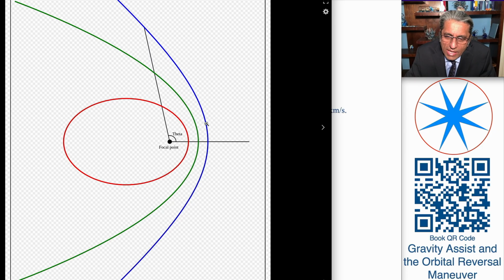It may seem like this is a small part of the orbit where the spacecraft experienced a force which had a component in this direction, but because the distance was less, and the force is inversely proportional to the square of the distance, there's a considerable amount of force. And so it is analogous to the spacecraft being smacked by the planet and being deflected and going off in the other direction.